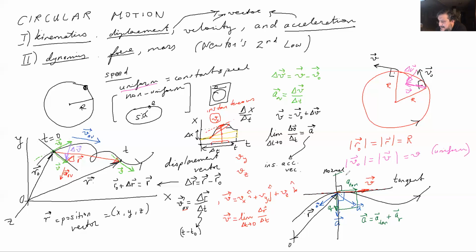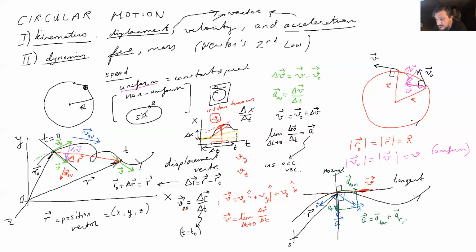So if a tangential is parallel to the instantaneous velocity, then you're speeding up. If a tangential is anti-parallel, if they're pointing in opposite directions, then you're slowing down. If there is no a tangential, there's only AR, then you're neither speeding up nor slowing down. You're moving along the path with constant speed. That's when a tangential is 0.